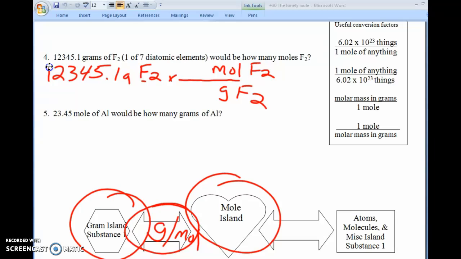When you find the element fluorine, it's got a mass of 9.00 grams per mole, but this is F2, so that would be 18.00 grams in 1 mole. The grams of F2 cancel with the grams of F2. We're left with our answer in moles of F2.